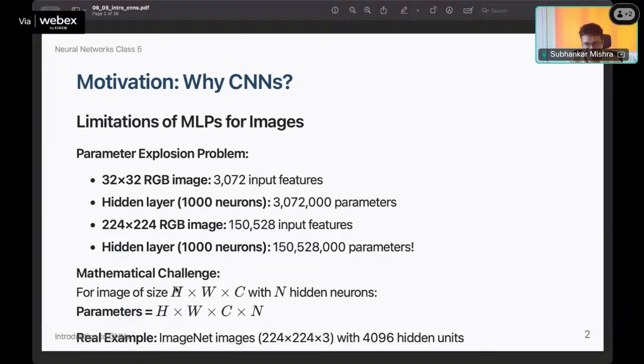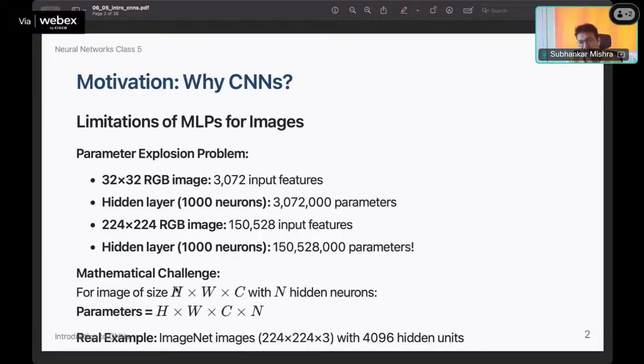Let's say a tiny image, a 32 cross 32 RGB image. Because it's RGB, every pixel has a red, a green, and a blue part. So if we connect, the total number of input features will be 32 cross 32 cross 3. That becomes 3072 values.